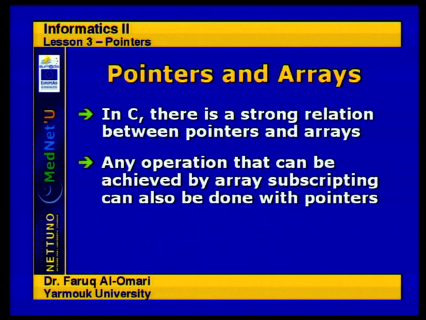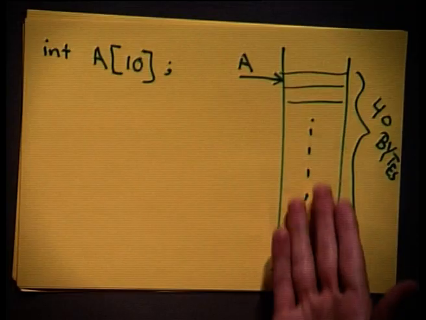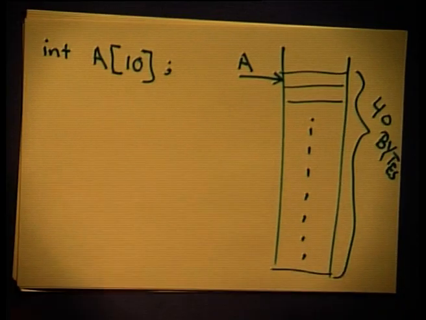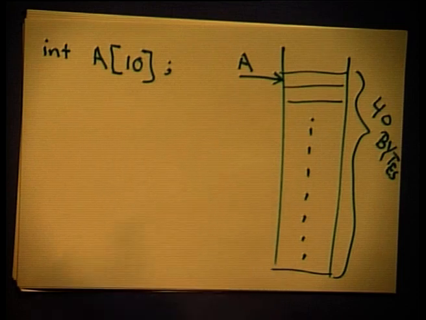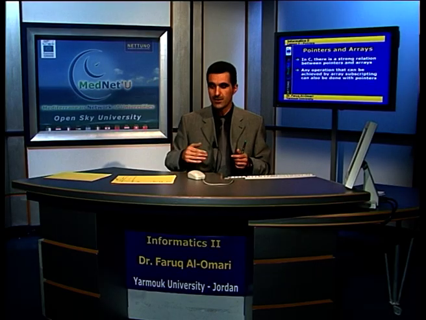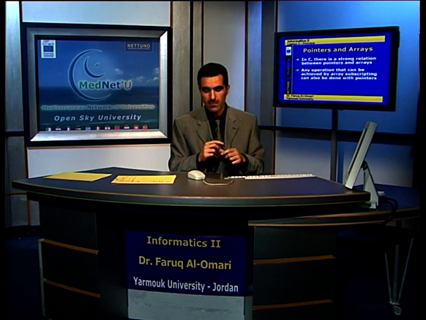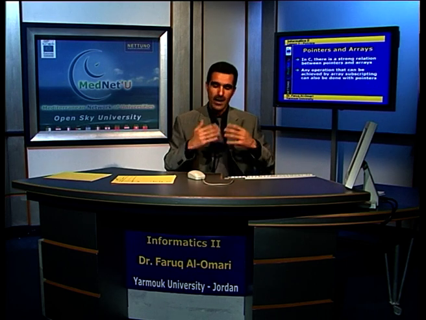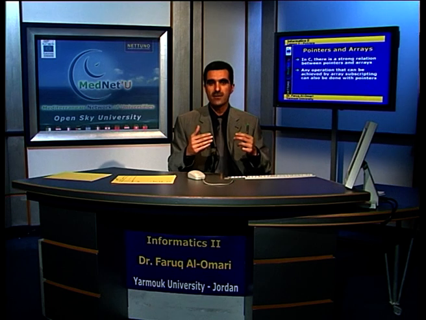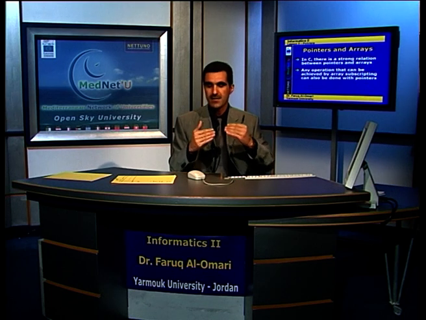When I refer to any entry within the array, I refer to the index of that entry. So A of 1 is the entry number 1. A of 0, as you all know, arrays in C start from 0, so the first entry has an index of 0.